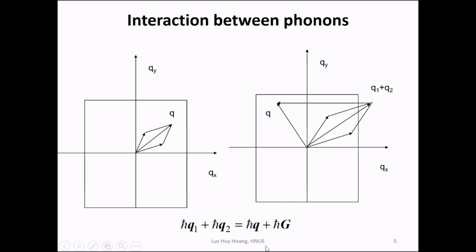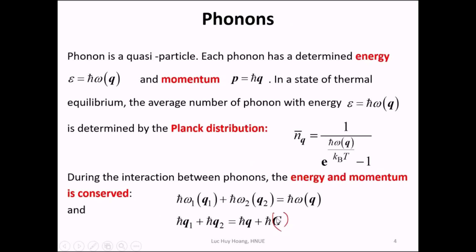So we use this conservation condition to go back to the first Brillouin zone. That's why for this conservation we add more G for the momentum. For energy, it's satisfied by the conservation.